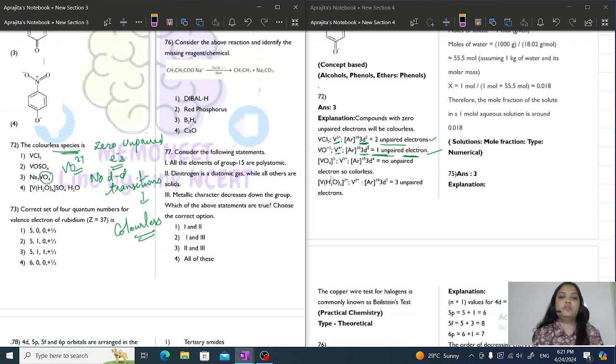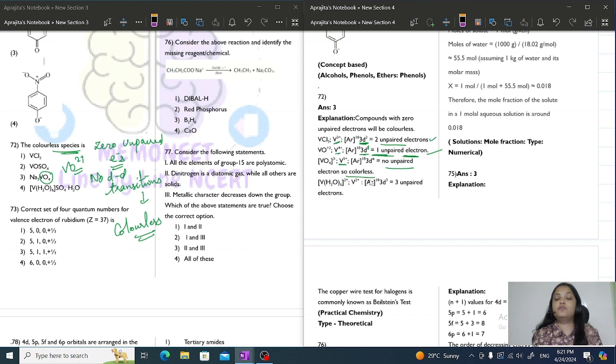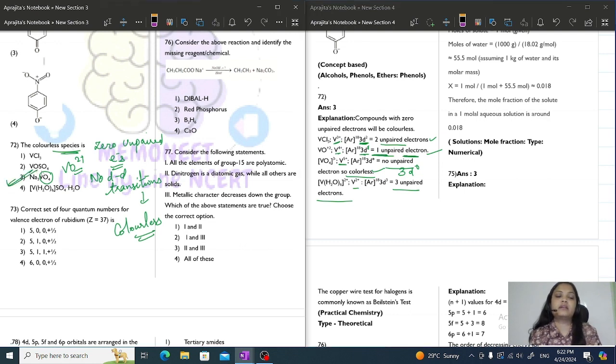So VO4 3 minus here. Vanadium is in 5 plus state. Now here there would be no unpaired electron because it's 3d0. So if it's 3d0, it would be colorless. In the fourth compound, vanadium 2 plus is there. So again 3 unpaired electrons. So that means that it again would be colored. So the third compound would be the colorless one, Na3VO4.